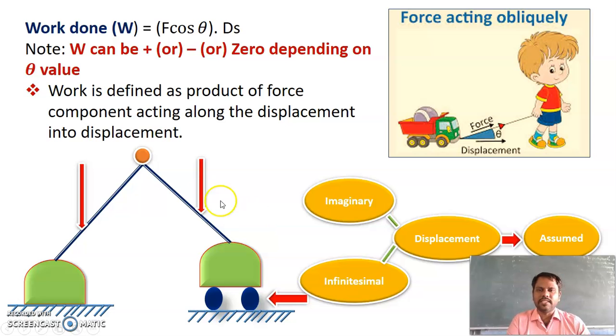Now let us consider a system of forces acting on a body. If the body is in equilibrium, then the displacement is 0, so work done is 0.